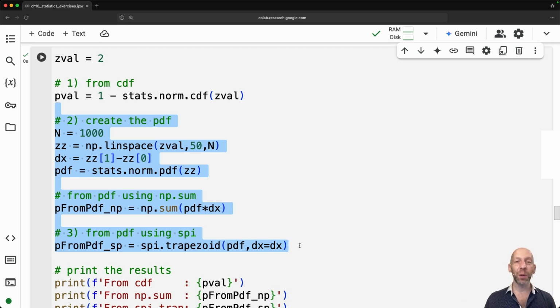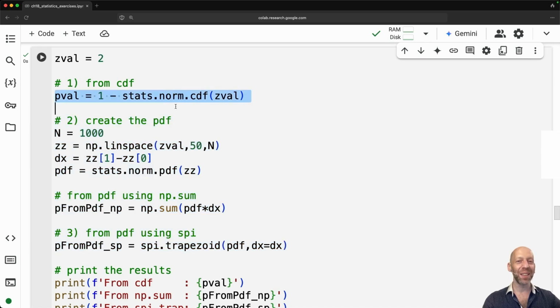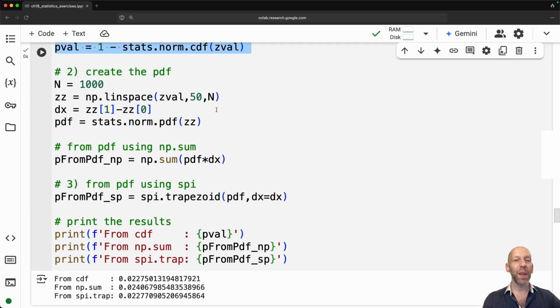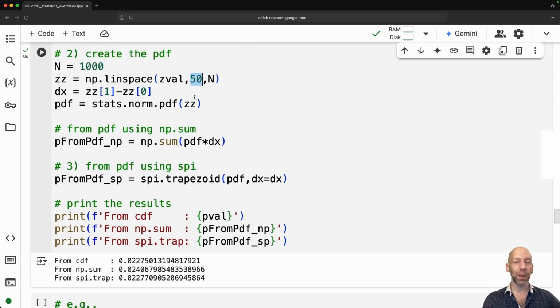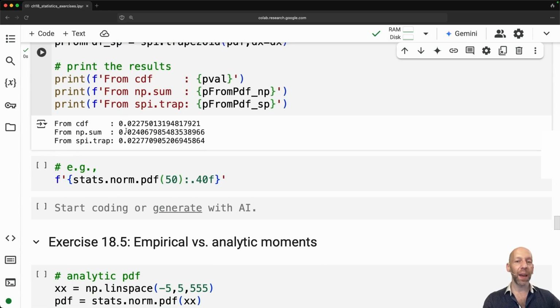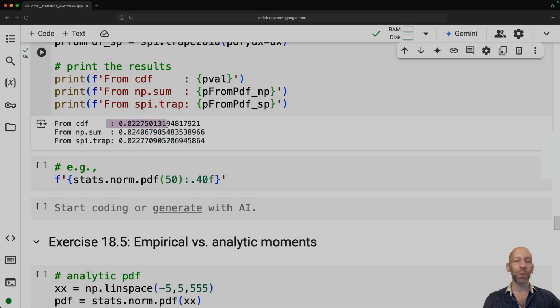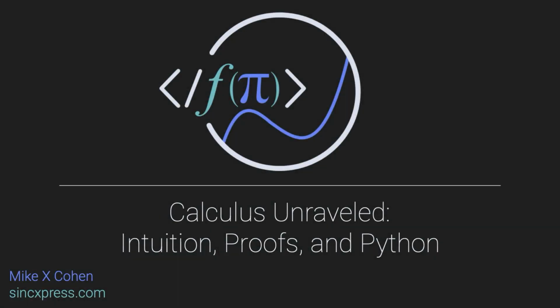But when you're doing actual statistics, it's way better and more accurate to use this method based on the fundamental theorem of calculus. Now, what you can try doing is changing the n and changing the top value here to see how that affects the accuracy of these approximations from the PDF to the actual result from the CDF.